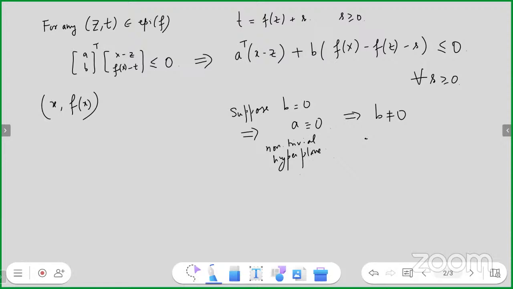Now what can we say, given that b is not equal to 0? And why do we care about b being equal to 0 or not equal to 0? Because I can divide, really.